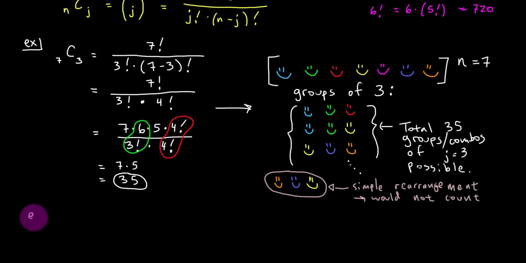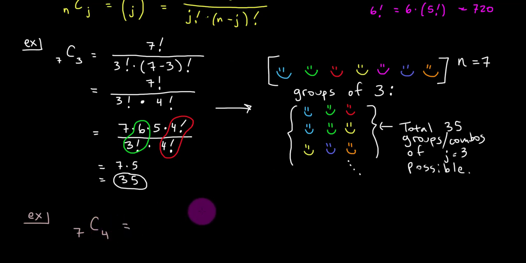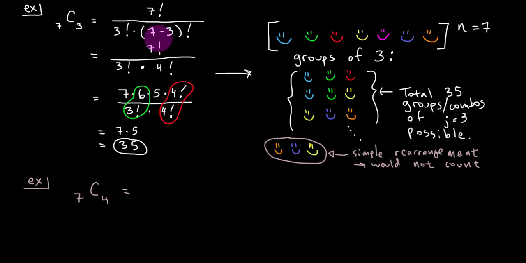Let's do similar numbers. Let's do 7 choose 4. Seems similar, but it's different, because these would be groups of 4. Let's compute this. 7 factorial on top, over 4 factorial times 7 minus 4 factorial.